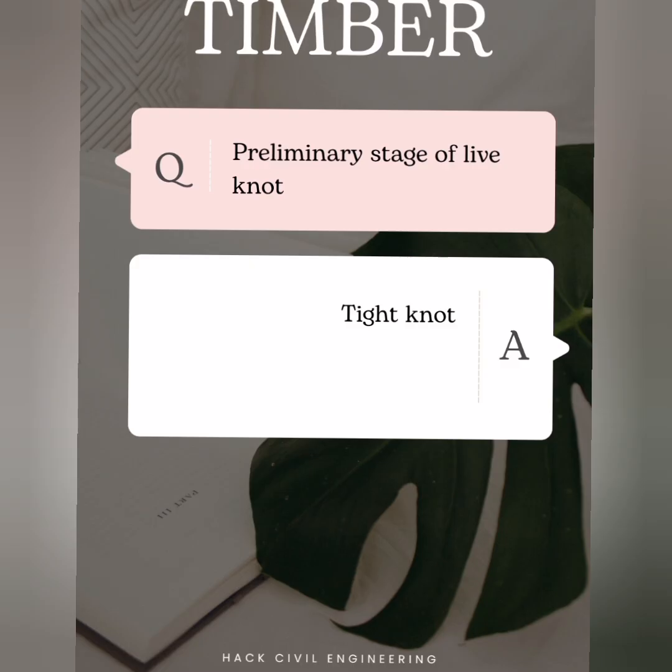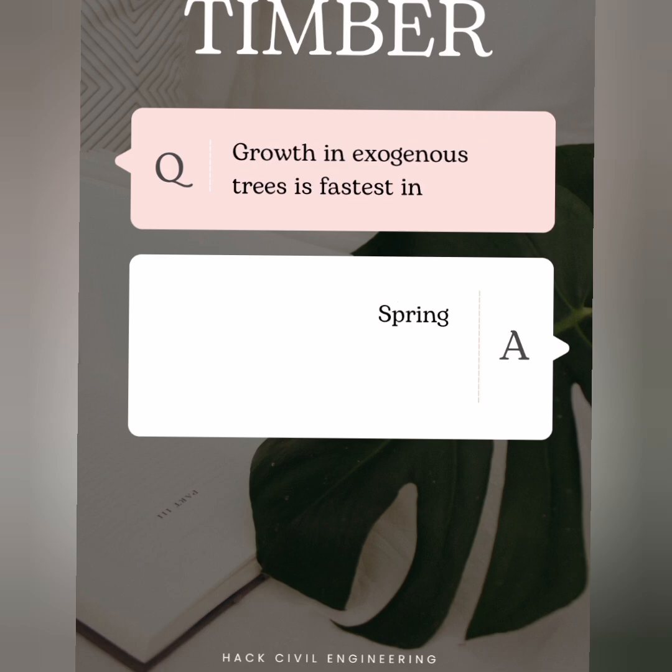Preliminary stage of live knot is tight knot, and preliminary stage of dead knot is loose knot. Growth in exogenous trees is fastest in which season? Spring season.